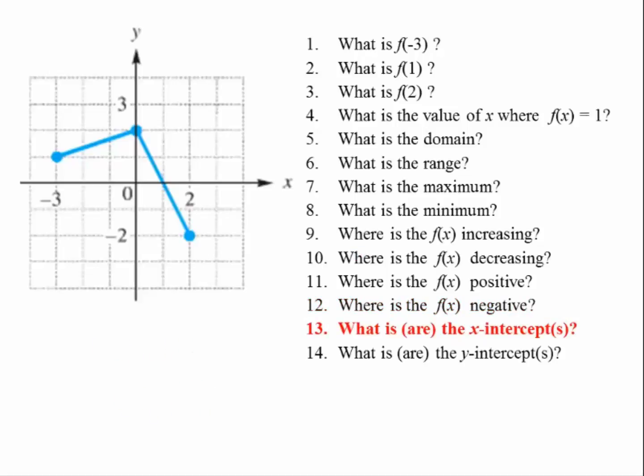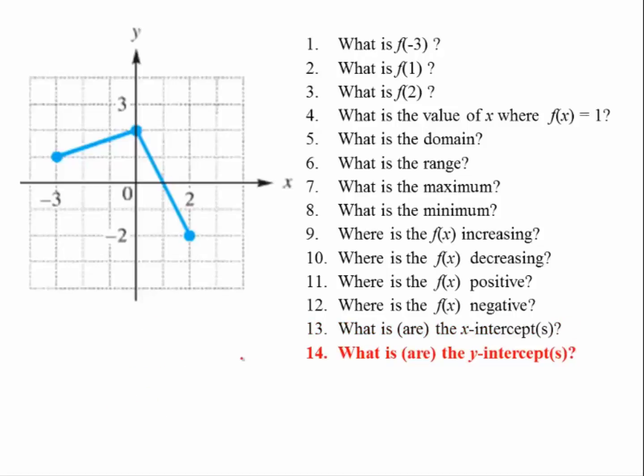What are the x-intercepts? There's just one, where it's crossing the x-axis, and that happens at x equals 1. We could write it this way, or we could say 1 comma 0. The last one, what is the y-intercept?